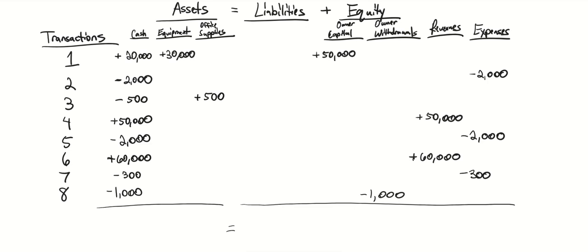So that's why you can see here on this cash column that every single transaction that occurred affected the cash account. So you see that there's some cash that was increased, decreased, increased, decreased, increased, decreased, decreased. All right. So that's just showing us the cash inflows and outflows that occurred in the business.